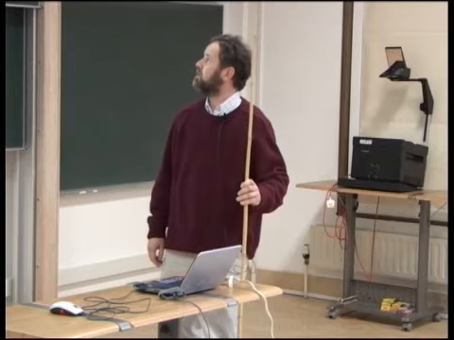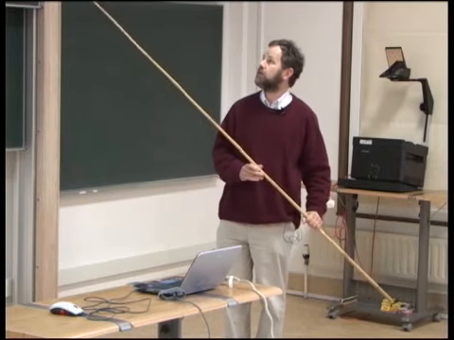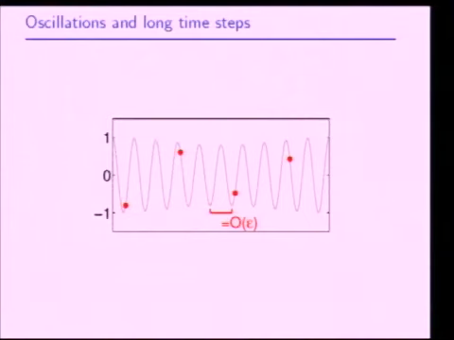Well, what the aim is should become clear, or should be illustrated by this picture. Suppose we have some differential equation which has an oscillatory solution as indicated here. And if you want to get an accurate approximation to such a solution with a standard numerical method, what you have to do is to take small time steps which follow these oscillations in many small steps.